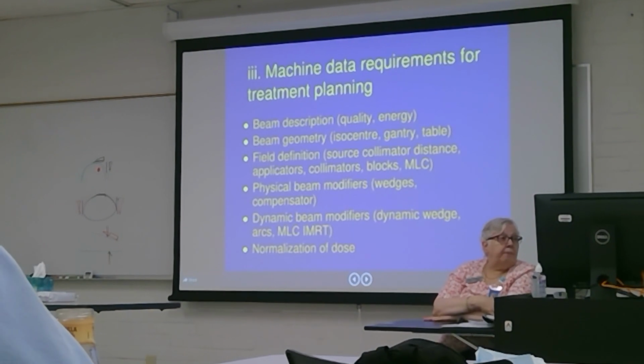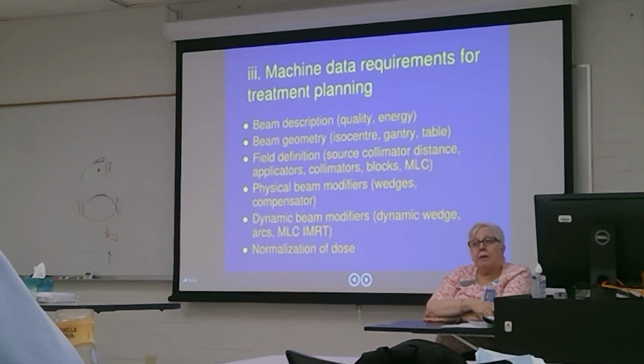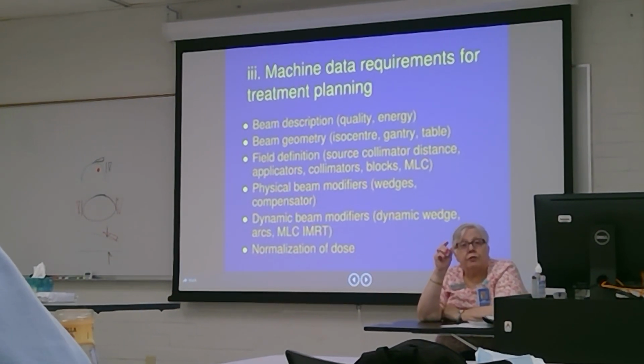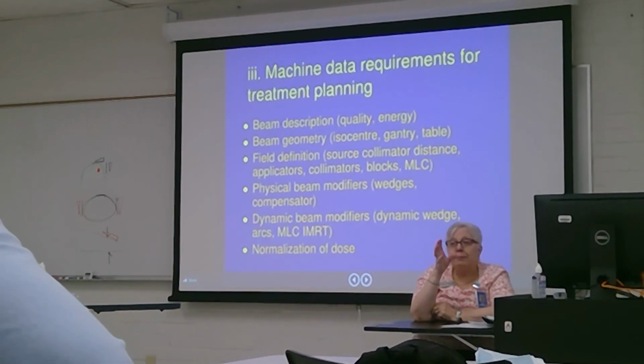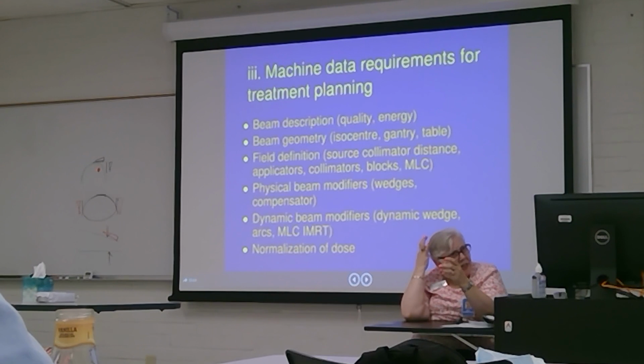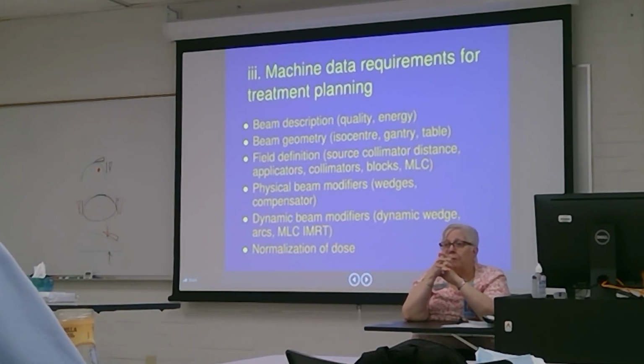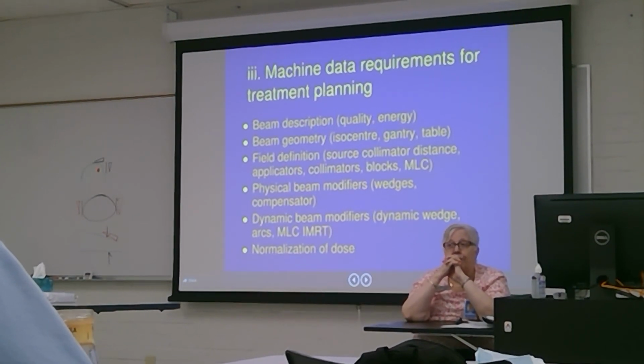So, applicators. If you're doing electrons, what size of electron applicators do you have on a machine normally? It depends slightly on whether it's an Elekta or a Varian. So, anybody know what size of electron applicators they have?